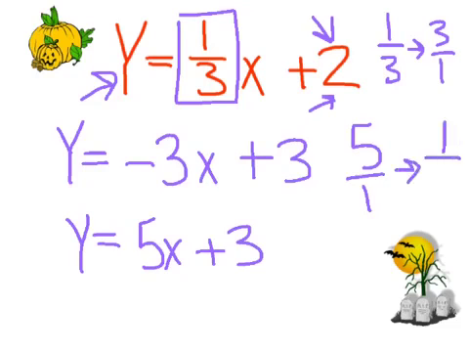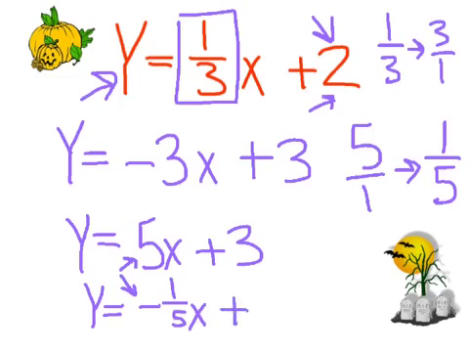The reciprocal of that number is going to be 1 over 5. So a perpendicular line to y equals 5x plus 3 is going to have a slope of negative 1 over 5x. Remember, we want to change the sign. So if it's positive here, our new slope is going to be negative. And then we can just add any number that we want to.